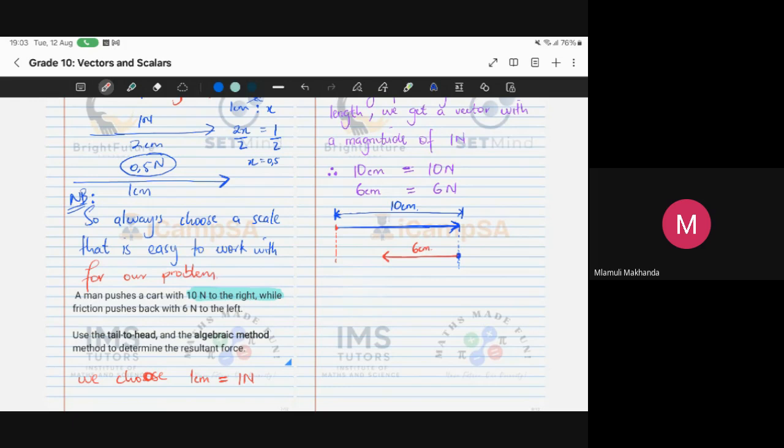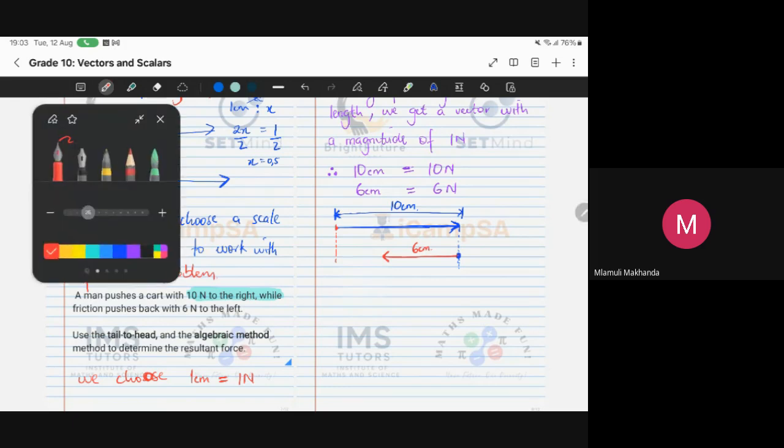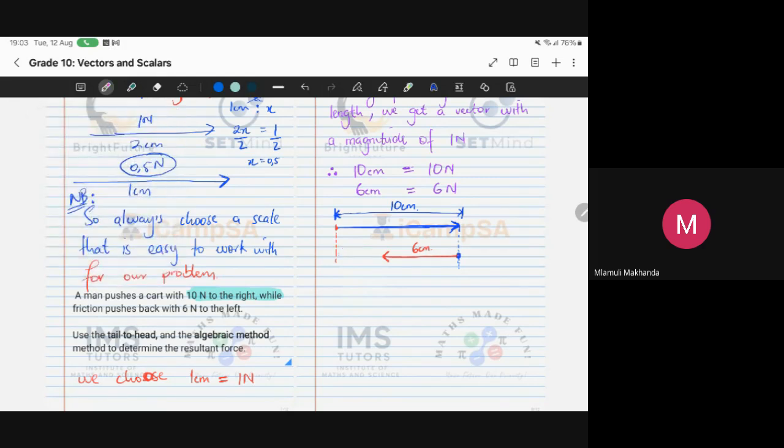The last vector is red, which is 6 centimeters. So I color code them so that you can see them. Now let's draw the resultant. It goes from the tail of the first vector to the head of the last vector. So what happens now? This is your resultant.